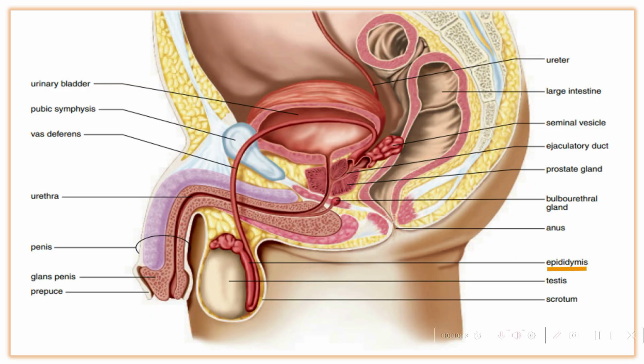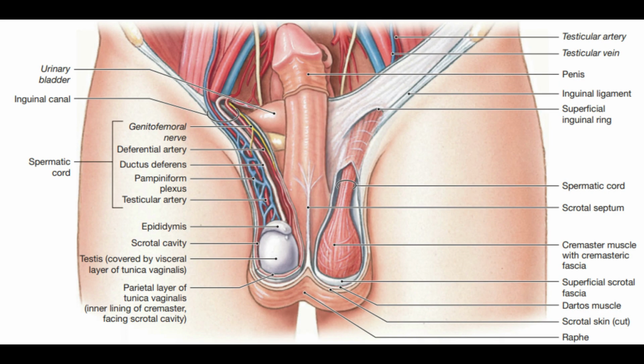In utero, the testes develop within the abdominal cavity of the fetus and then move down through the inguinal canal into the scrotal sac.